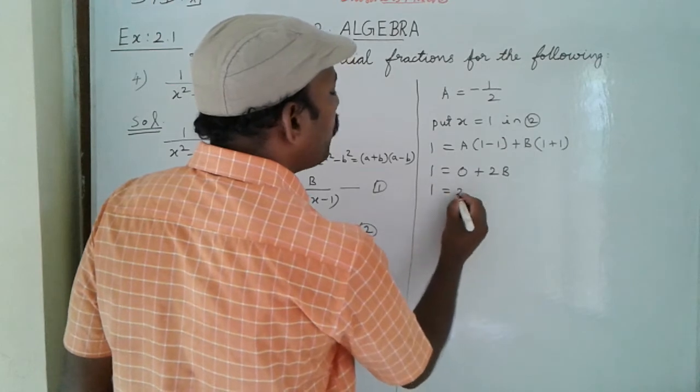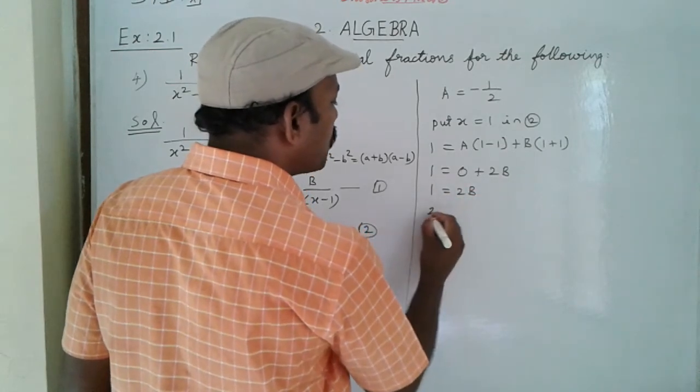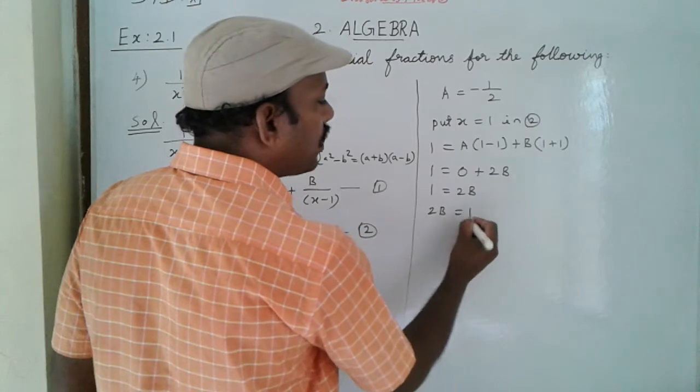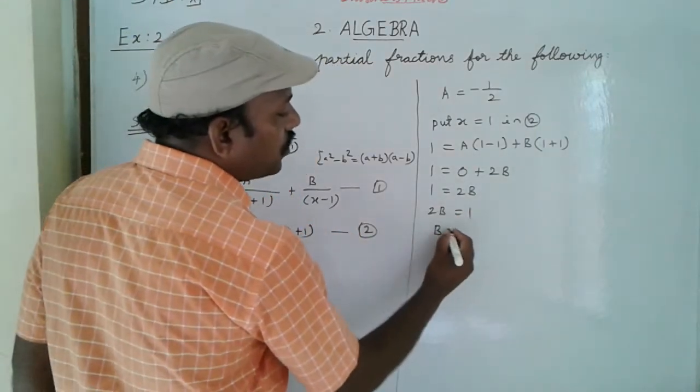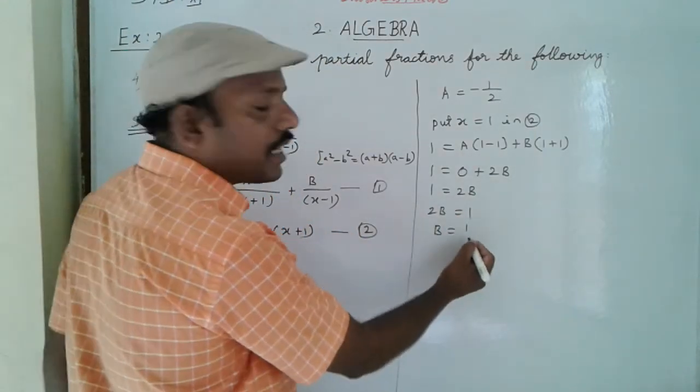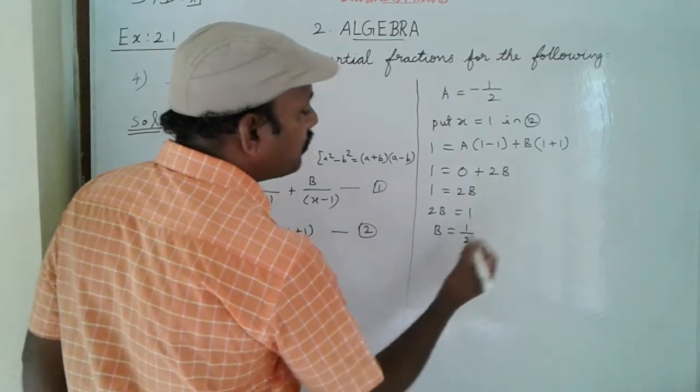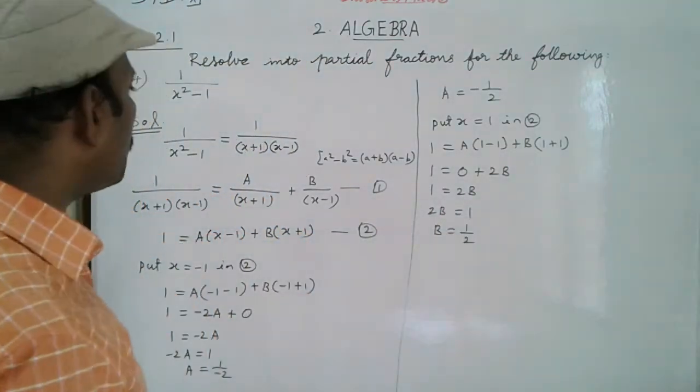So 1 equal to 2b. Interchange these places, 2b equal to 1. So b equal to 1, 2 we should take right hand side, becomes divide. b equal to 1 by 2.